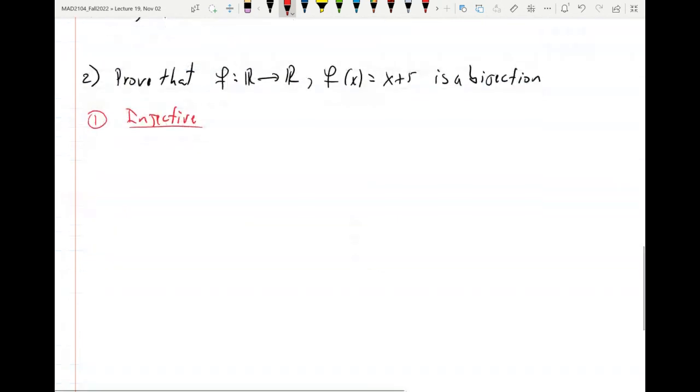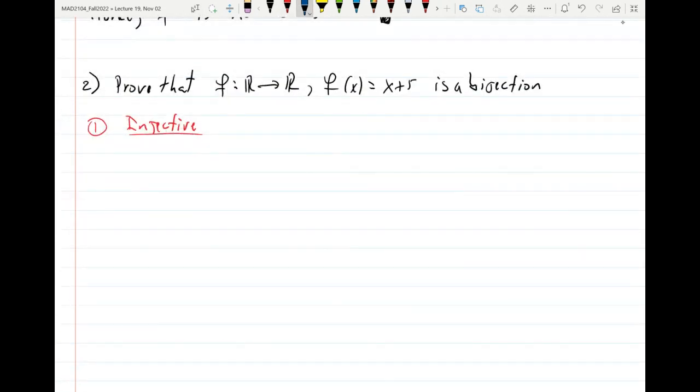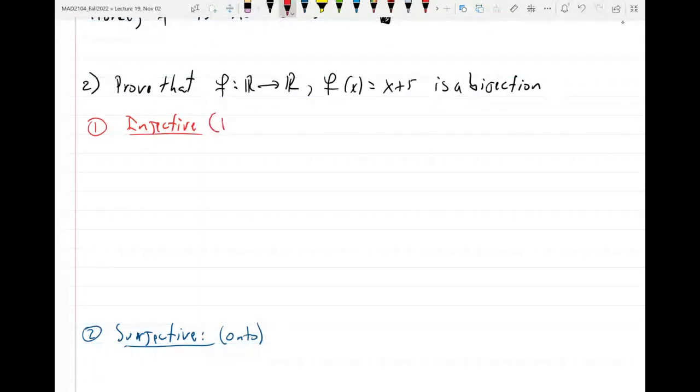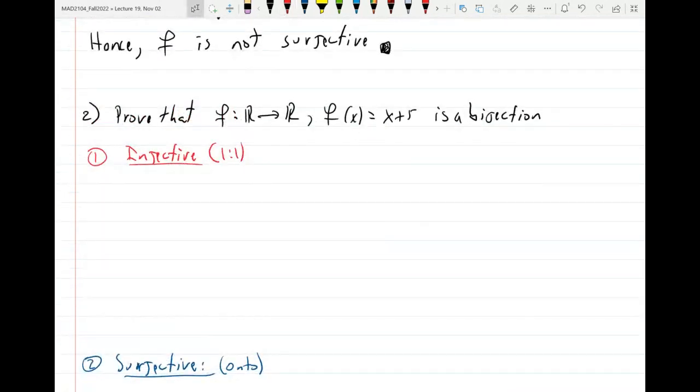And then second, we need to argue that it is surjective. Remember, surjective means onto, injective means one-to-one. Okay? All right, so I'm gonna write down the definition here so you can have it fresh. But the idea is you need to know this definition so you can properly prove these things.